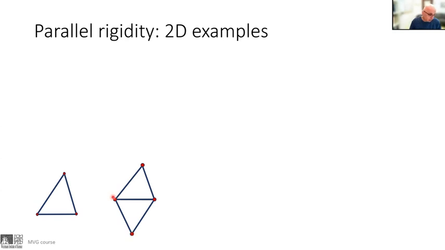The second triangle is also determined up to scale, but because they share an edge, once I determine the scale for the first triangle, I determine the scale for the second one. So this whole thing can be scaled globally, but each triangle cannot be scaled differently than the other triangle. Okay, and so this is a parallel rigid structure.